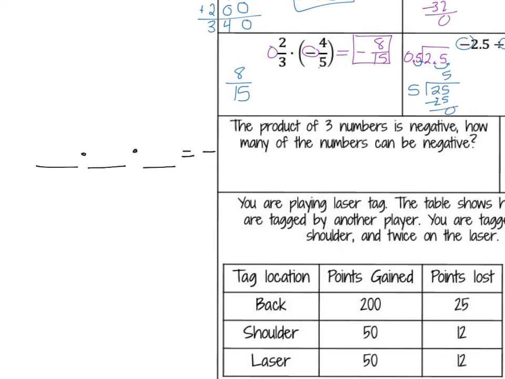So I know that a negative times a positive is a negative. So that means that this number should be positive, and these two multiplied together should be a negative.